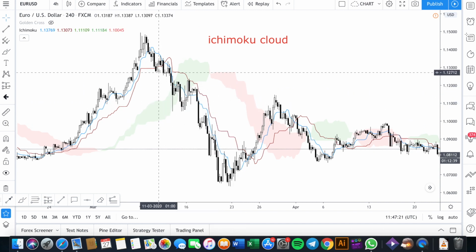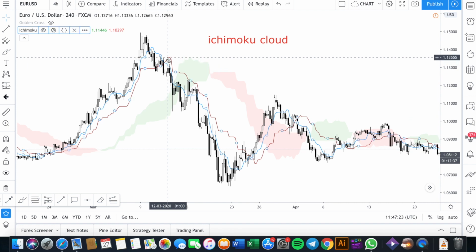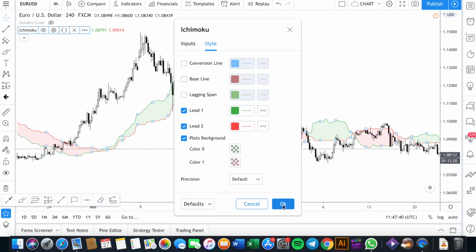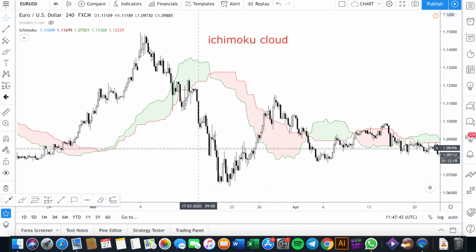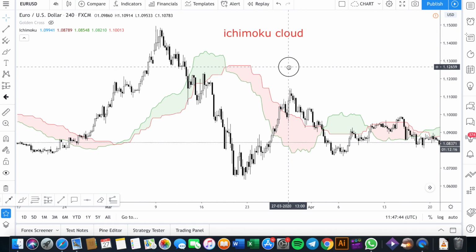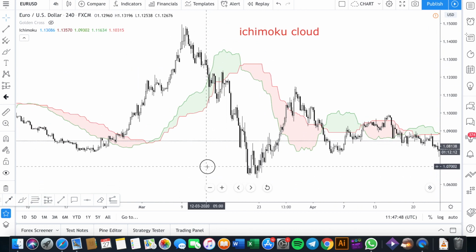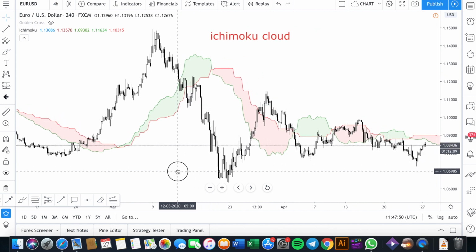Also, we're going to spot the uptrend and the downtrend. All right, so I'm going to add the lead 1 and 2 for the clouds, and I'm going to delete the moving averages so we can have a nice chart to use.